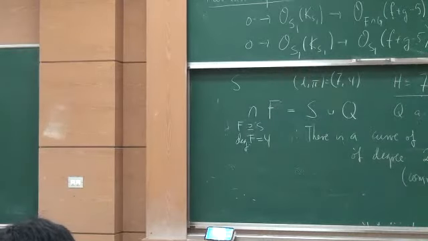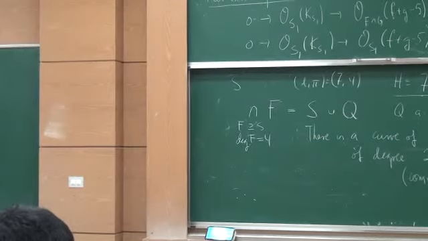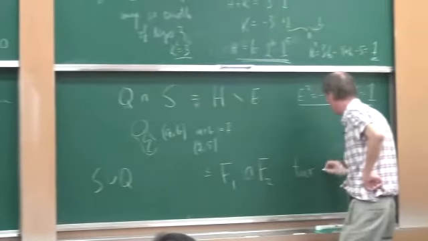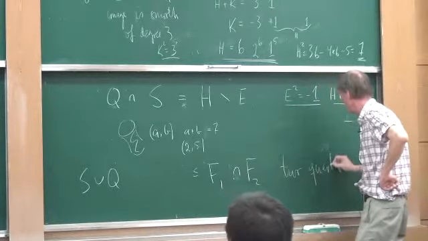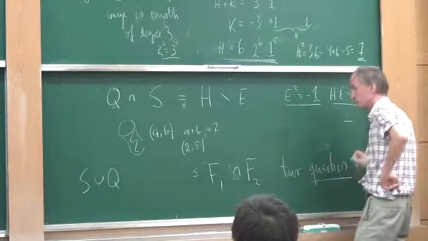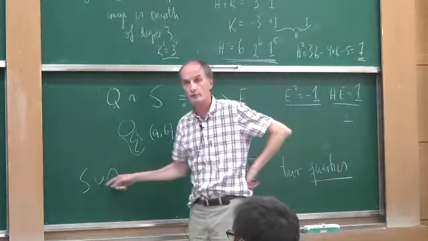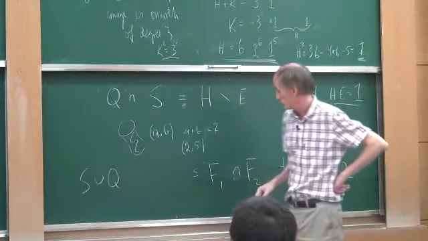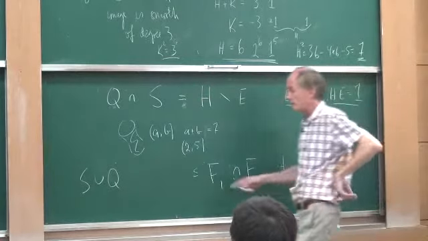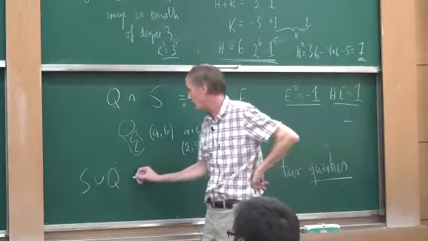So now what you can look at is what is S union Q inside two quartics. If I take two quartics, I get these two surfaces, two quartics containing S. I get S and Q, and I get something else.